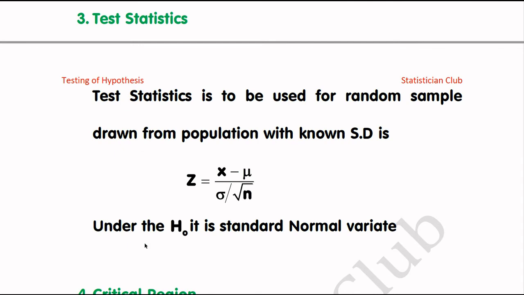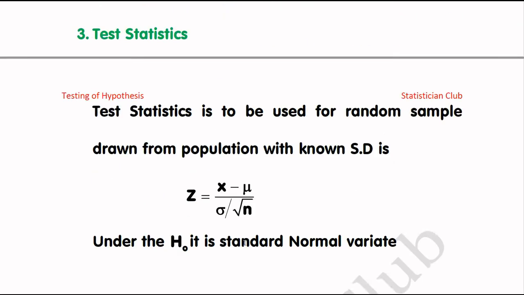Third step, test statistic. This is the formula for the test statistic when the sample is drawn from a normal population with known standard deviation: z is equal to x bar minus mu over sigma over under root n. Under H0 it is the standard normal variate, as you know.